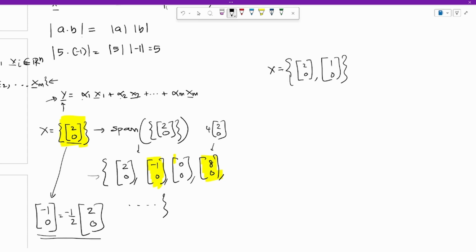Independent? How will you verify if it's linearly independent? Well, it turns out it's a linearly dependent set. That's because I can express this vector as a linear combination of this. Half times the first vector gives me the second vector. 2 times the second vector gives me the first vector. That means there is redundancy here. This is a linearly dependent set.